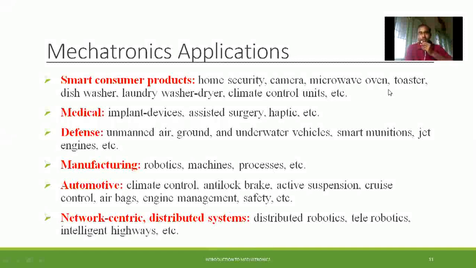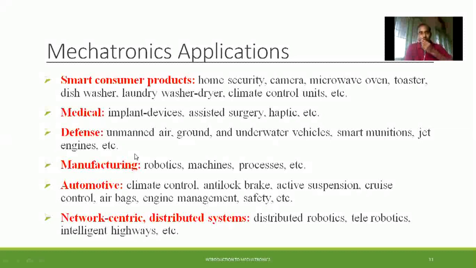Microwave oven, toaster, dishwashers, laundry washers, dryers, climate control units, etc. Even in medical equipment, implantation devices, assisted surgery, and haptics, etc. Even in the defense category, unmanned air, ground, and underwater vehicles, because without a human presence, these robots play a major role, working equivalent to manual power, and smart munitions, jet engines, etc.